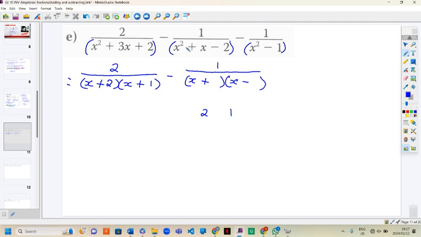For me to get positive 1 with a 2 and a 1, which number has to be positive? Positive 2 minus 1 is going to give me positive 1. Again, if you don't know what's going on here, please go watch my trinomial video. So positive 2 minus 1. Fantastic things. We are moving.